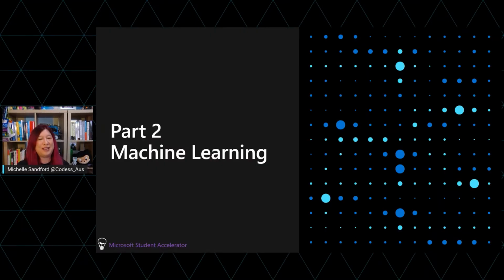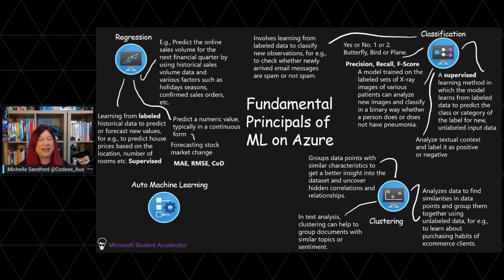Okay, welcome to part 2, where we're going to talk about machine learning. As in part 1, I make these little mind maps, which help me map out the key concepts that I want to remember. When I say key concepts, I split the module into the key components, and then I list examples of what those things look like in real life.